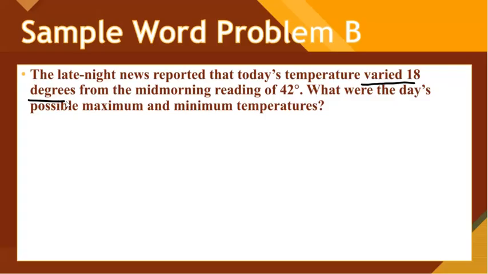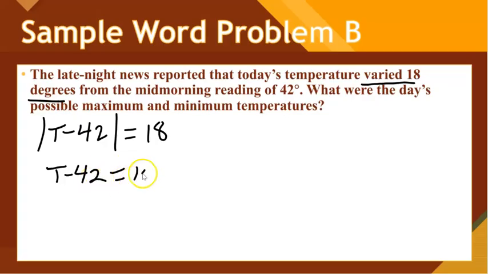So my absolute value is going to be, I'm going to use T for the temperature minus 42. So the difference has to be within 18 degrees, whether it's 18 degrees above or 18 degrees below. So when I take it out of the absolute value, I now have T minus 42 equals a positive 18, and T minus 42 equals a negative 18.